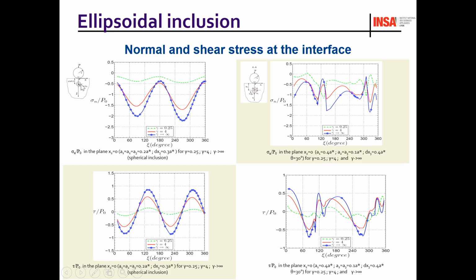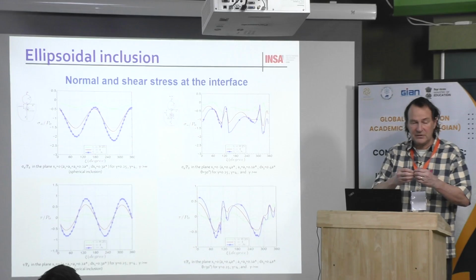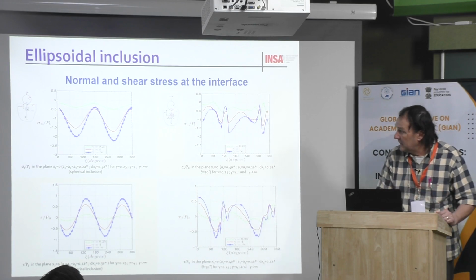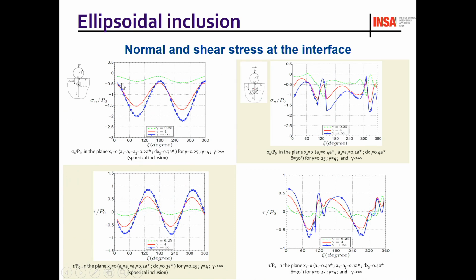Typically we should start from this point, for example. Then you have sigma n, which means the normal stress. When it is positive, it's tensile stress, and when it is negative, it's compressive stress. But what you can observe here is that the normal stress is always negative, whatever the Young modulus ratio.